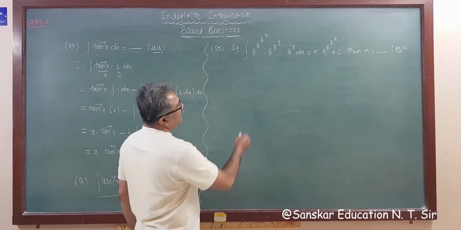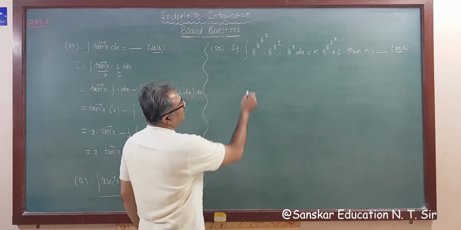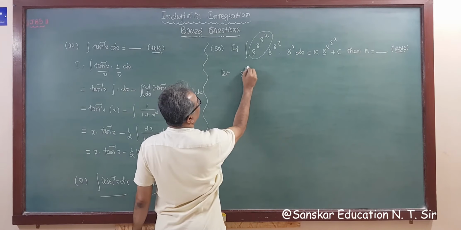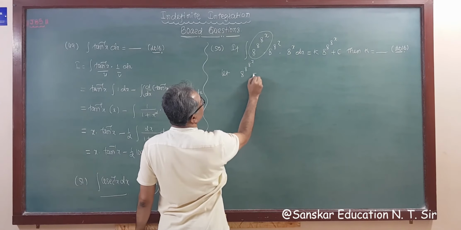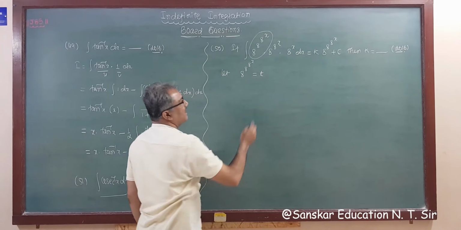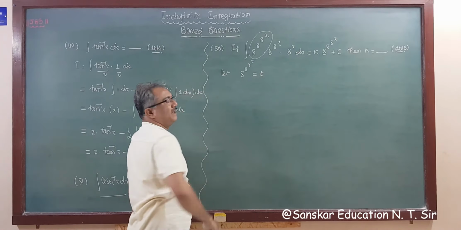So we have to assume this as t. So we assume let 8 raised to 8 raised to 8 raised to x is equal to t, right? Now the derivative of a raised to x I am writing here: d/dx of a raised to x is a raised to x into log a base e.